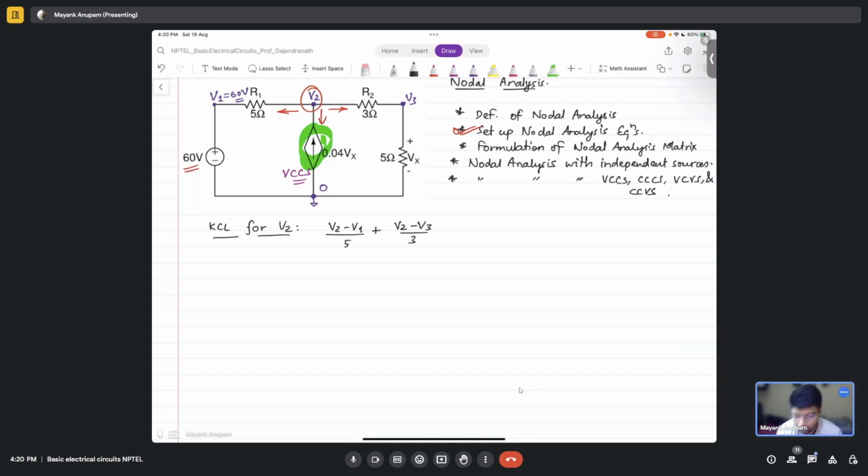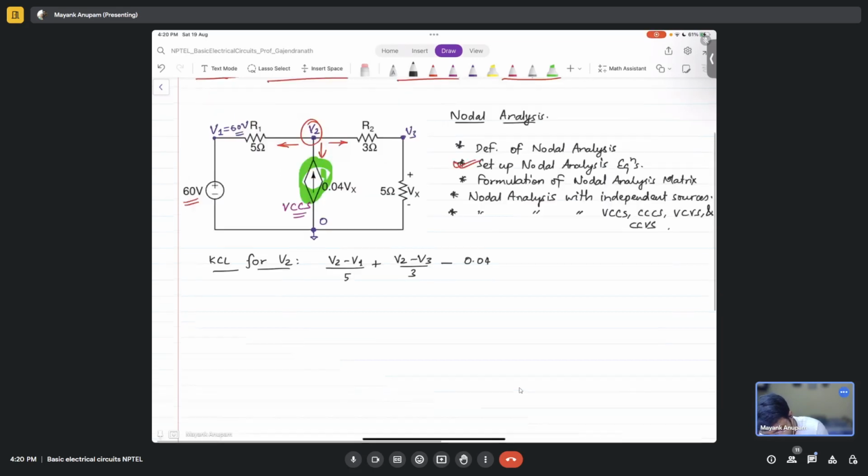This current is in this direction, whereas we have taken the other to be our positive current direction, so we'll have to take the negative of whatever current we are getting here. So here we'll write minus 0.04 times Vx.